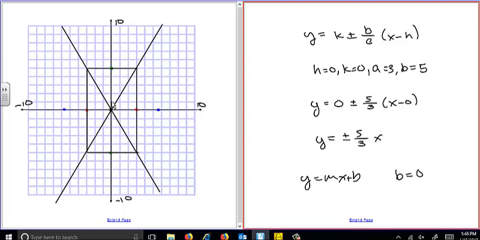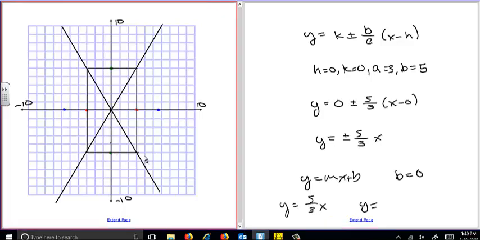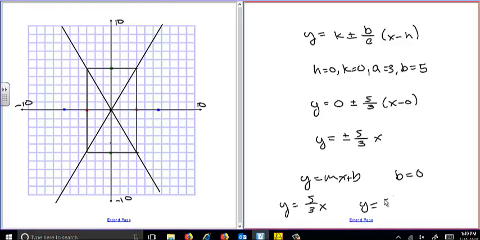You'd have 1, 2, 3, 4, 5 vertical, 3 horizontal, so y is equal to 5/3 x. If you take this one, you go down 5 over 3, so it's negative 5/3 times x, which is the same one you got from plugging into the formulas.